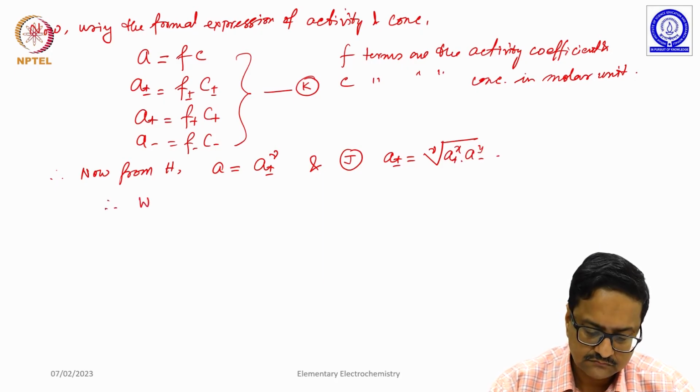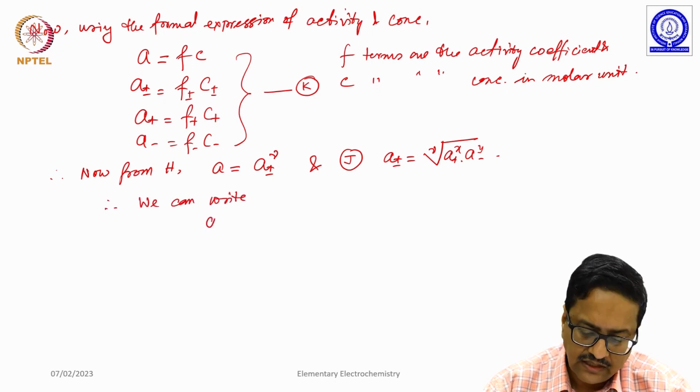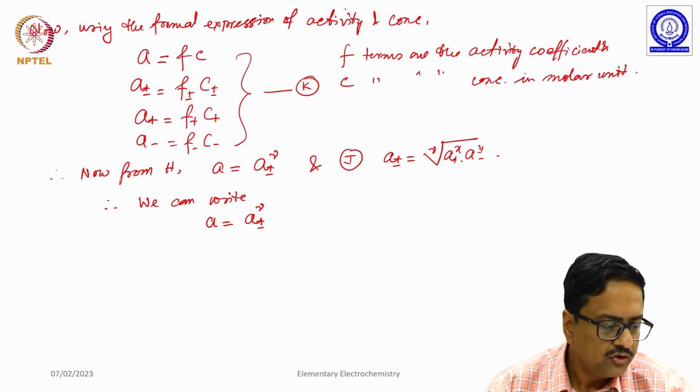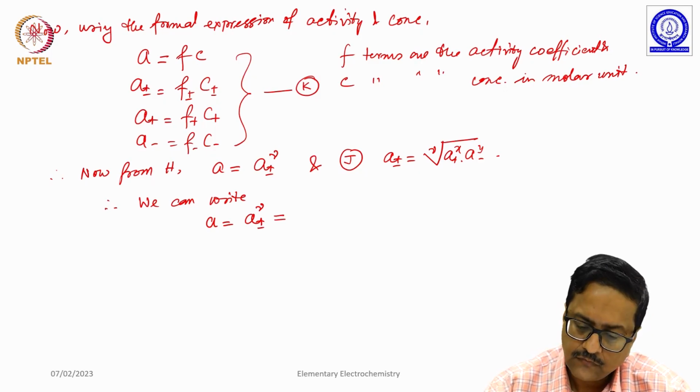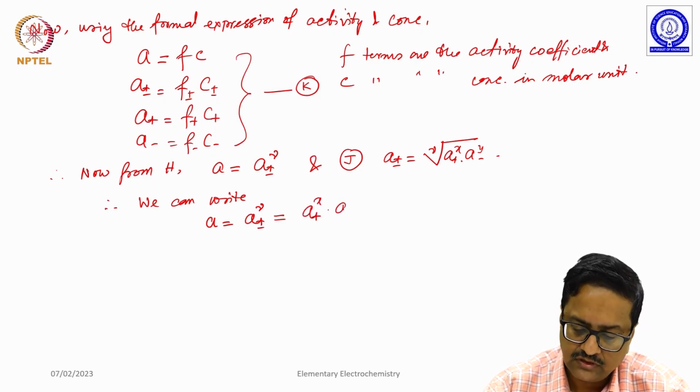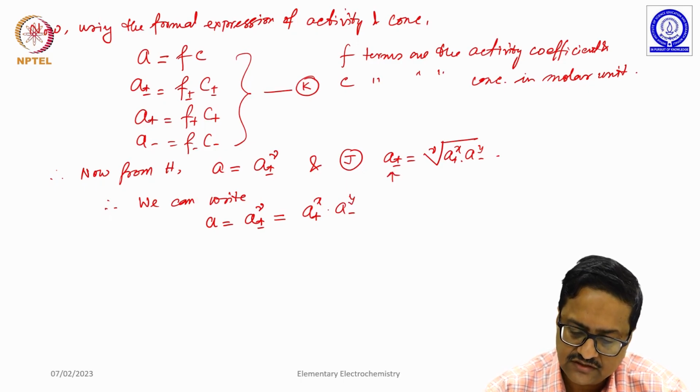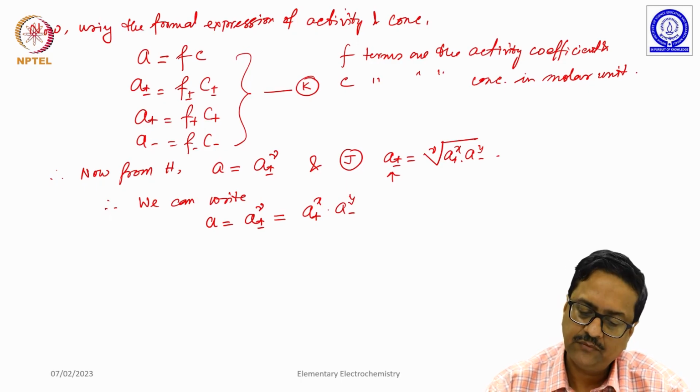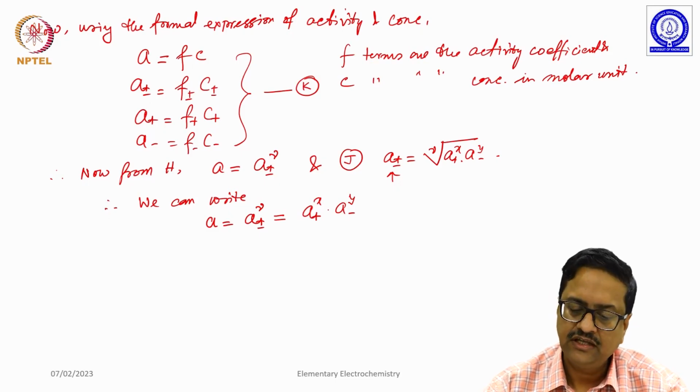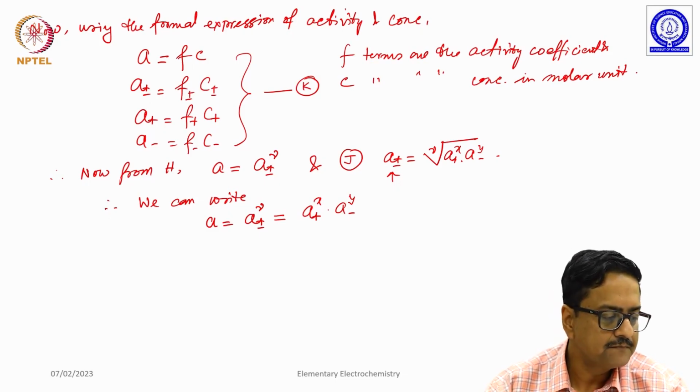So, we can write A equal to A plus minus to the power nu, which is equal to A plus to the power x into A minus to the power y, because A plus minus is nuth root of A plus to the power x into A minus to the power y.